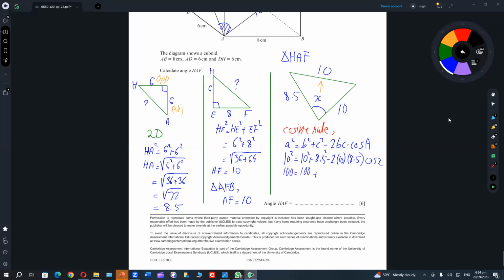And what is 8.5 squared? I'm going to use my calculator. It's 72.25. What is 2 times 10 times 8.5? That is 170.